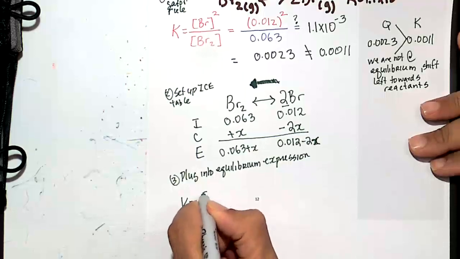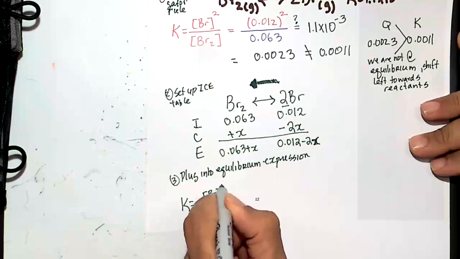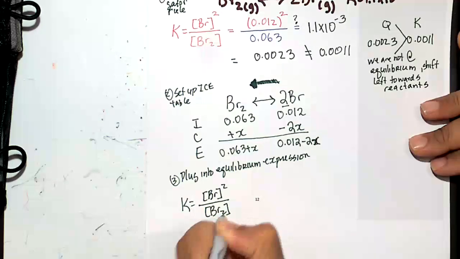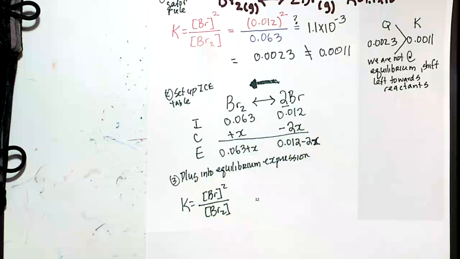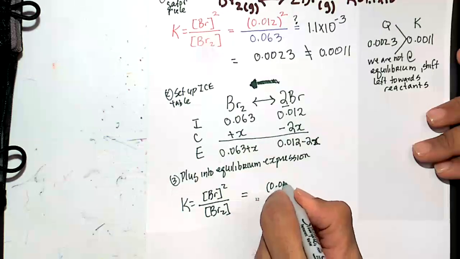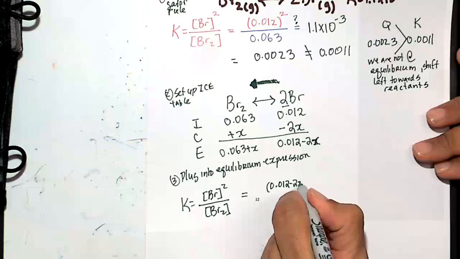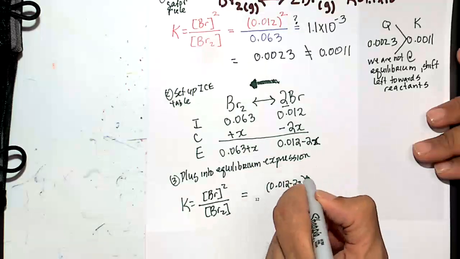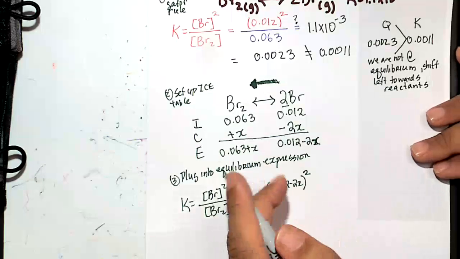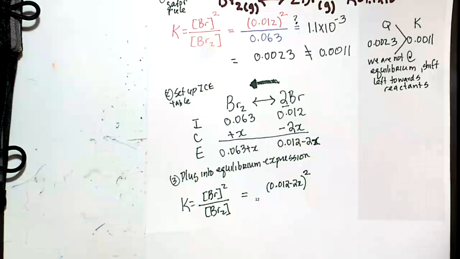Alright, so what is our equilibrium expression? It's going to be Br squared divided by Br2, just as we wrote here. So at equilibrium, Br is going to be 0.012 minus 2x. What should we do with that? Square it. Everyone see why we square it?